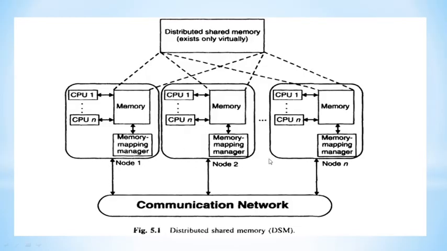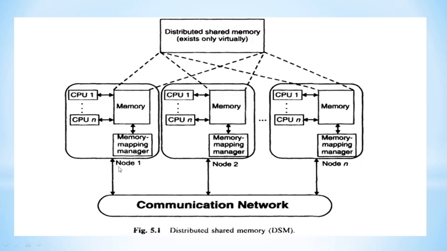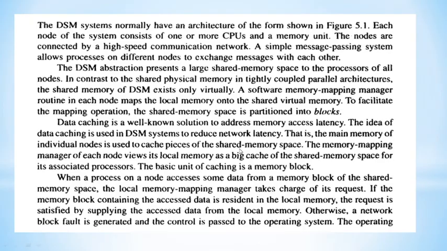The third point is that a simple message passing system will allow the processes on different nodes to exchange messages with each other. Whenever node 1 wants to talk to node 2, a simple message passing system between node 1 and node 2 will help in that purpose. And DSM will present a large shared memory space to all the processors of all nodes.